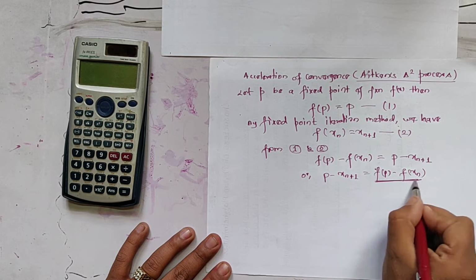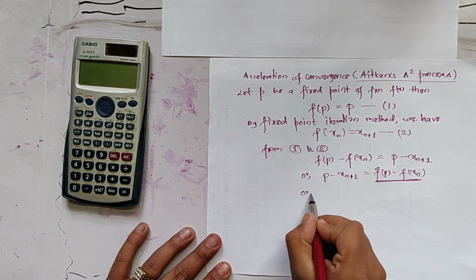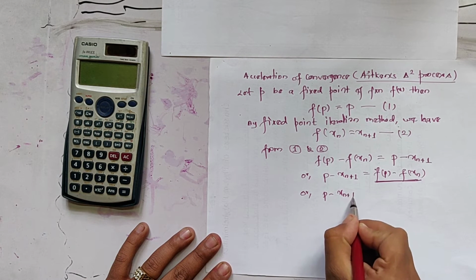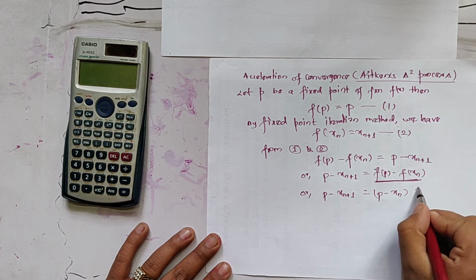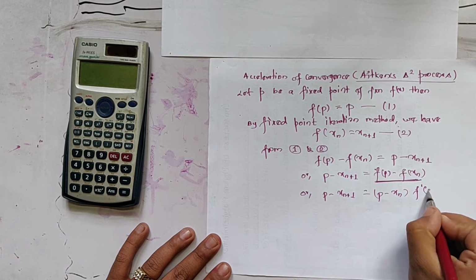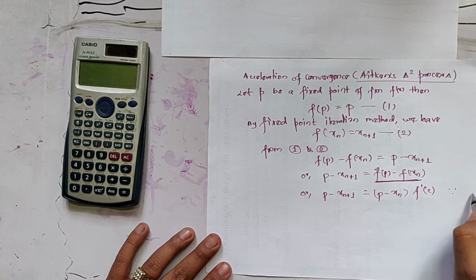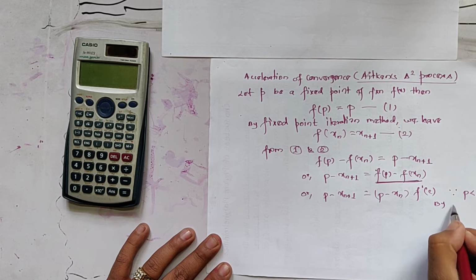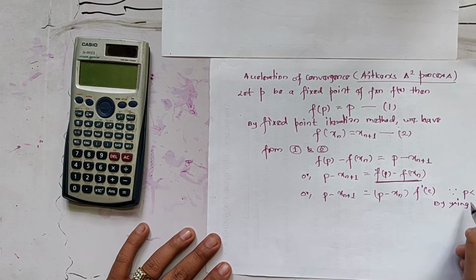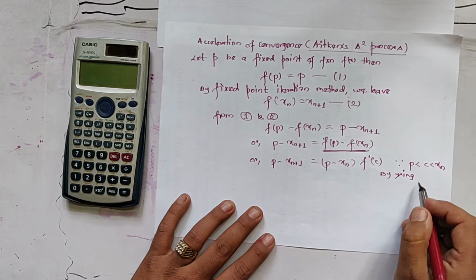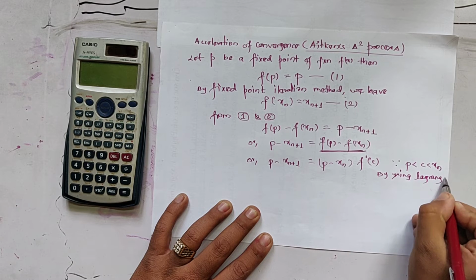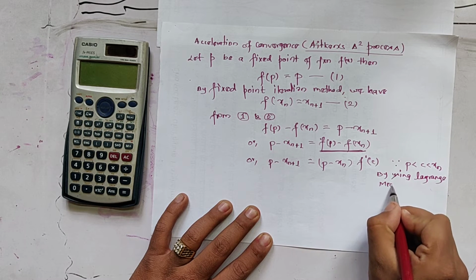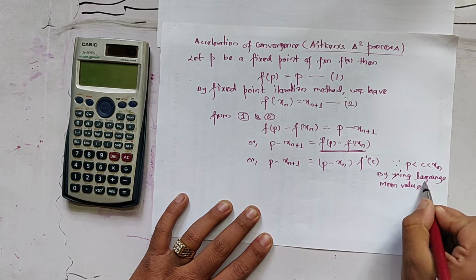For this right hand side value, we get p minus xn plus 1 equals p minus xn into f dash(c), that means derivative at c, where c lies between p and xn, by using Lagrange mean value theorem.